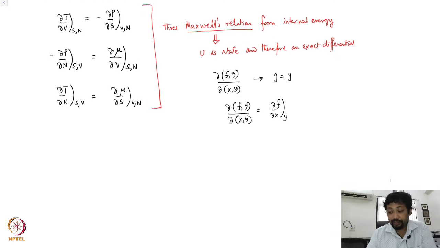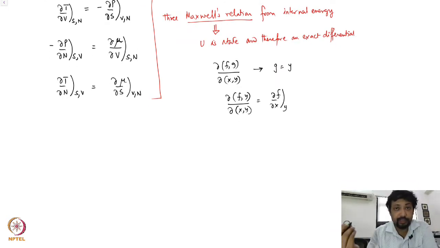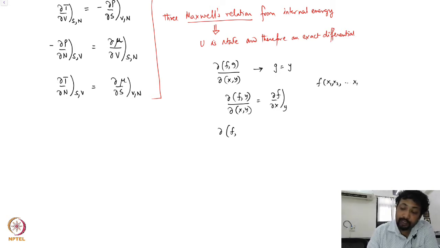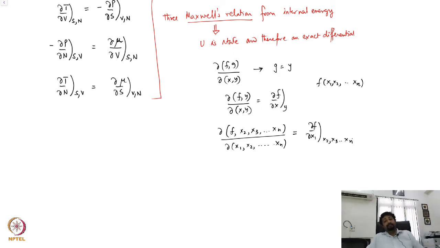But here I have treated the function as a function of two variables. In principle, it can be a function of n variables, which means the generalization would be: if f is a function of x1, x2, all the way up to xn, then del of f comma x2, x3, up to xn, del of x1, x2, all the way up to xn is equivalently del f, del x1, with x2, x3 and xn held fixed.